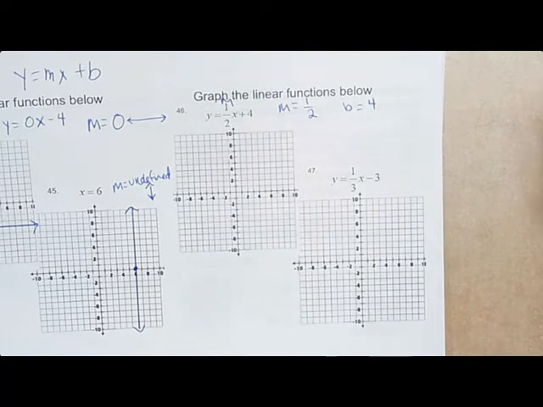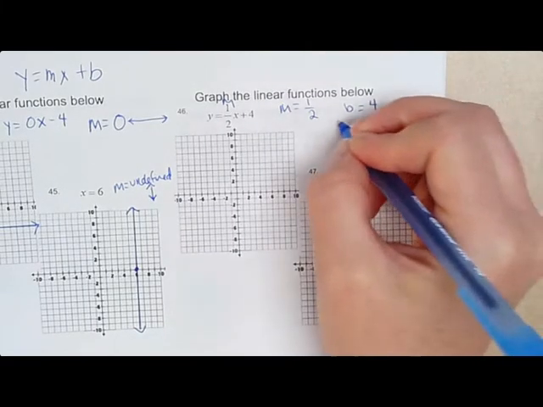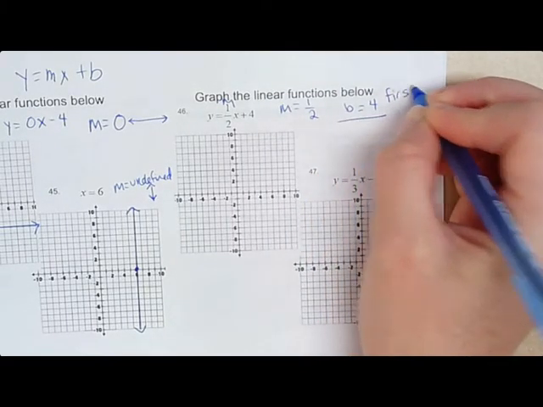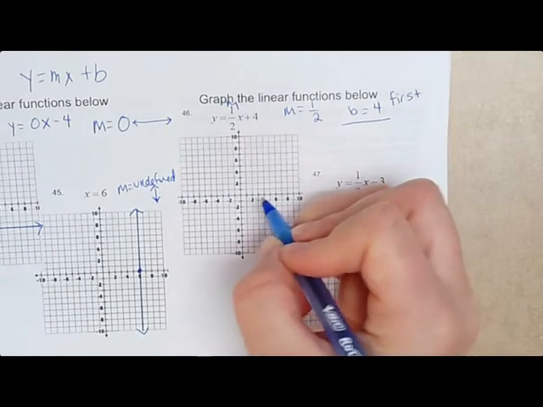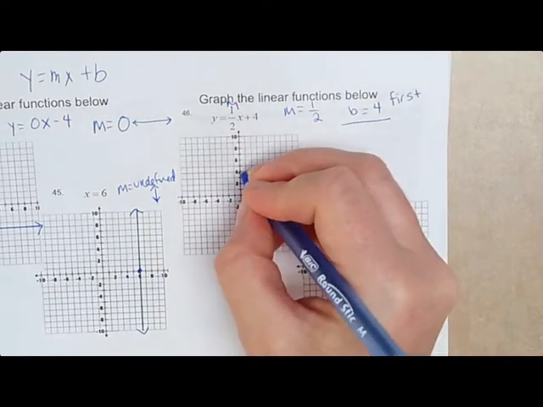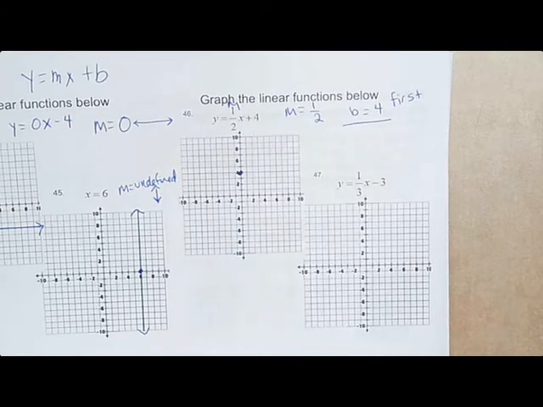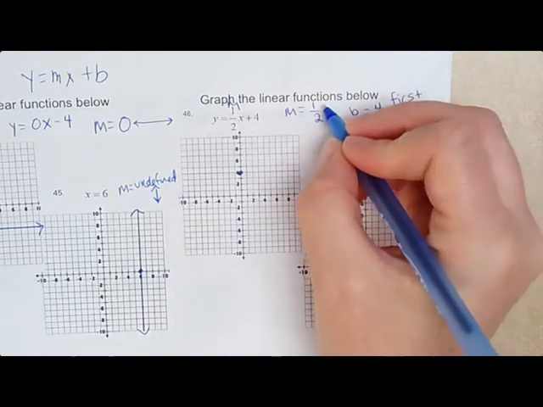When you graph, you always graph the y-intercept first, which is this. So our y-intercept is at 4. And then your slope is rise over run.